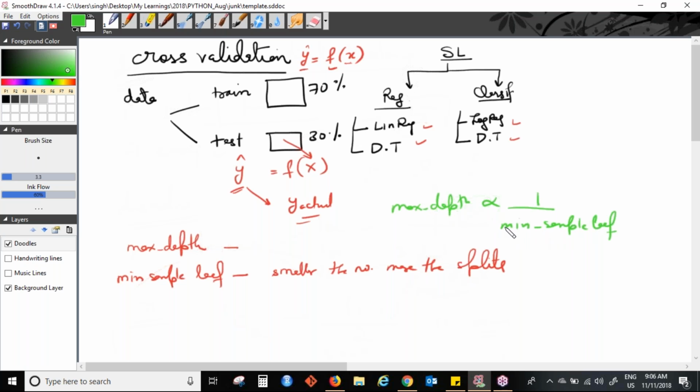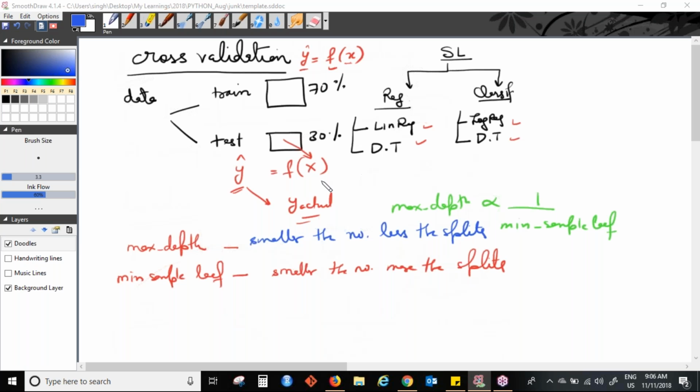So they are inversely proportional. This one, smaller the number, more the splits. This one, smaller the number, lesser the splits. Okay, so let me write it down. So I say they are inversely proportional.